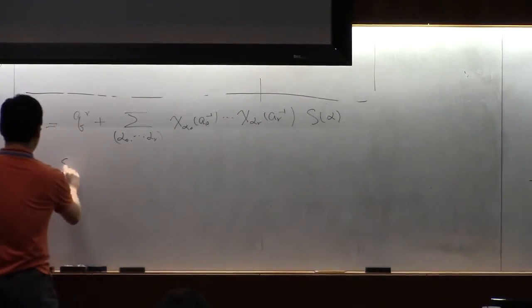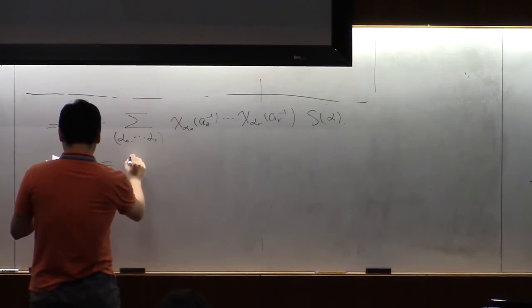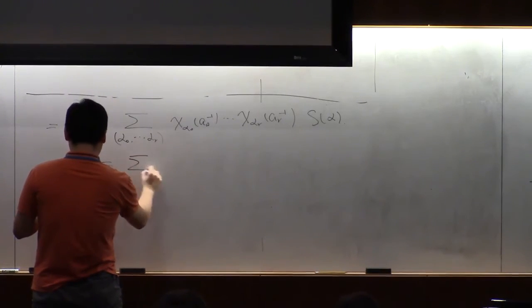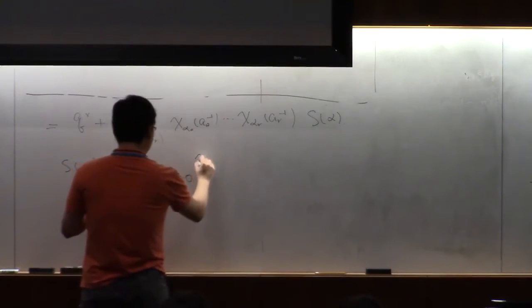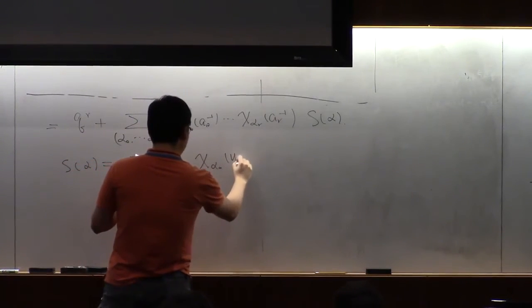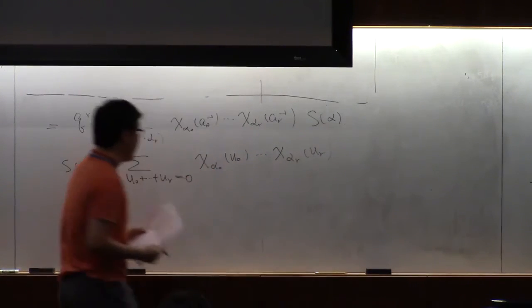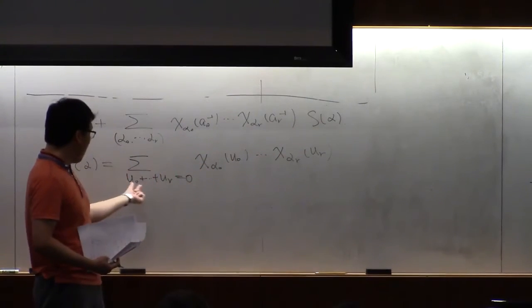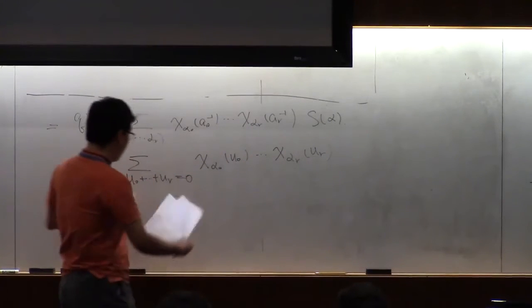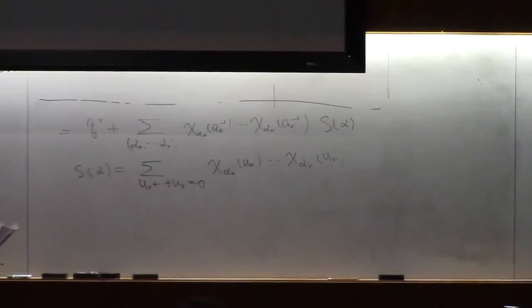Here this S alpha is given by the summation of this product of characters for all these u0 to ur such that the sum of these r plus 1 tuples is 0.